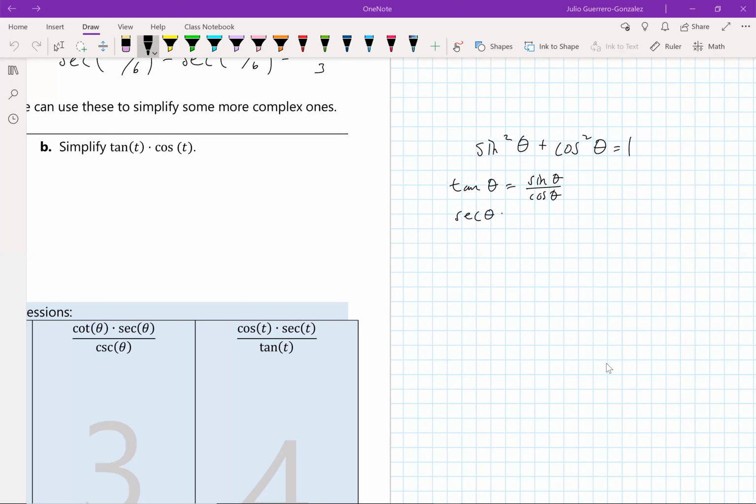Okay, we're back. Secant of theta is equal to 1 over cosine theta.